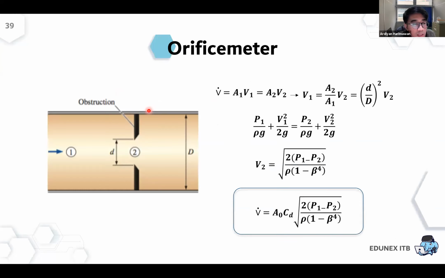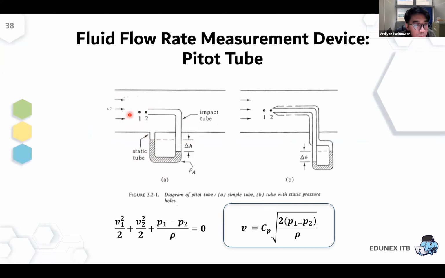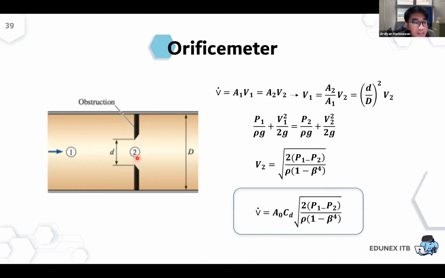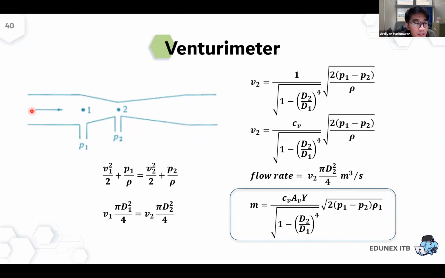But if you see these three arrangements, the position, the potential energy from point 1 to point 2 are the same, because the baseline for the height will be the straight line between point 1 and point 2. It means there is no potential energy change. So the velocity change will only correlate to the pressure.